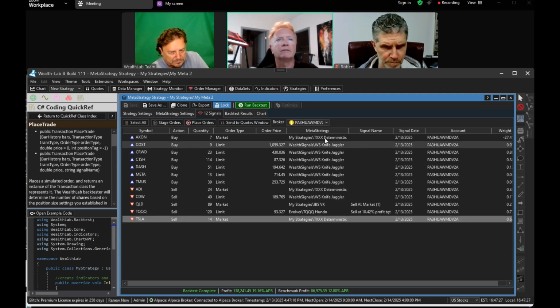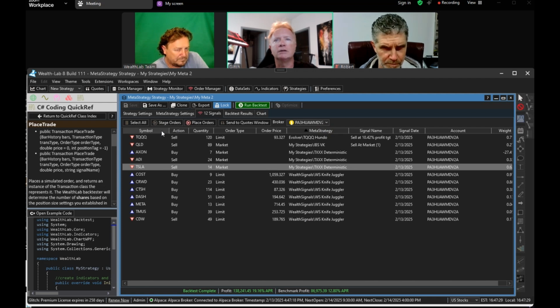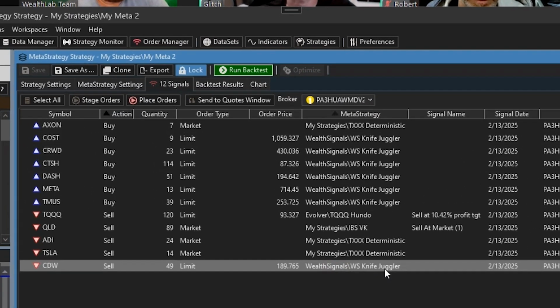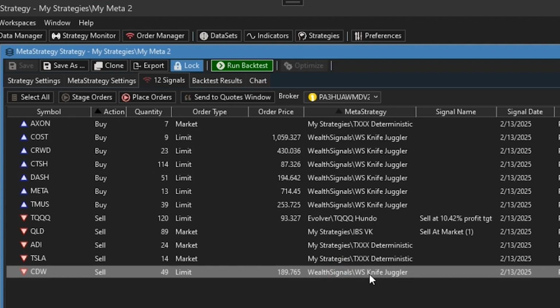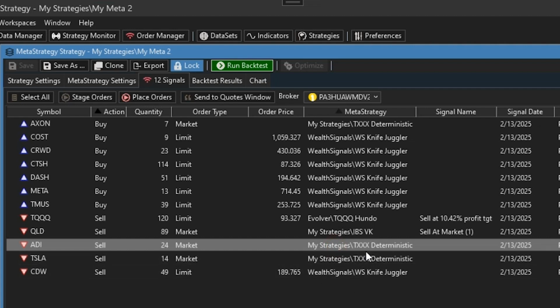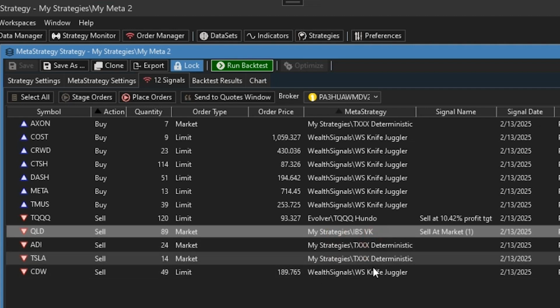Let me sort by MetaStrategy and then action. So we do have one position held in the Knife Juggler, and that's going to give a limit exit. We have a couple of exits from TXXX, which we'll talk about in a minute. We have an exit of QLD from Volcker's IBS strategy, and there's a video on our YouTube channel about that.